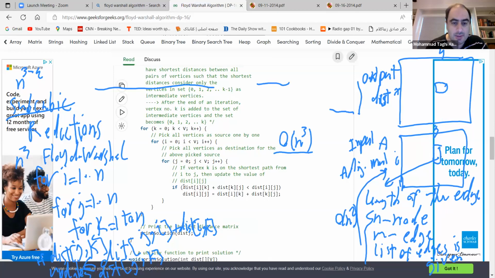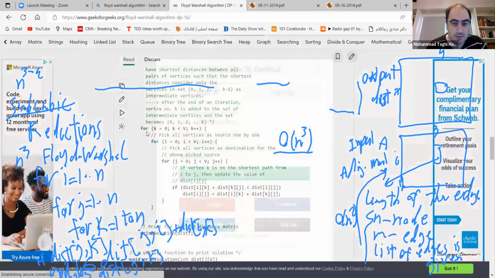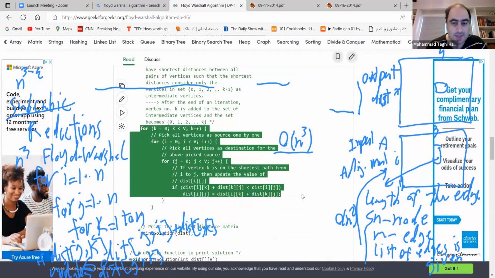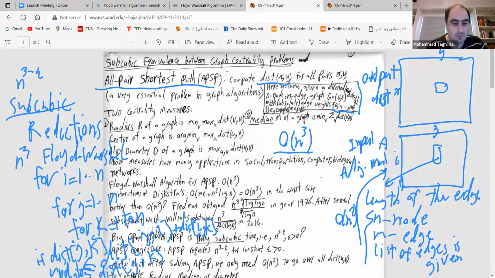So this is exactly the same algorithm. You can find it in GeeksforGeeks. We need to log in essentially. So here is the algorithm that is also mentioned in GeeksforGeeks.